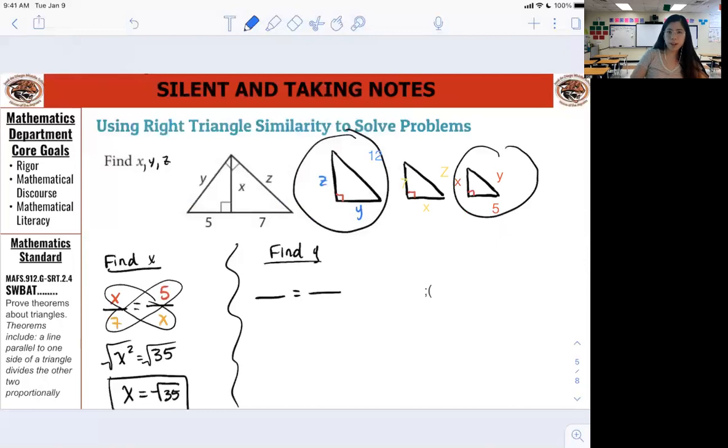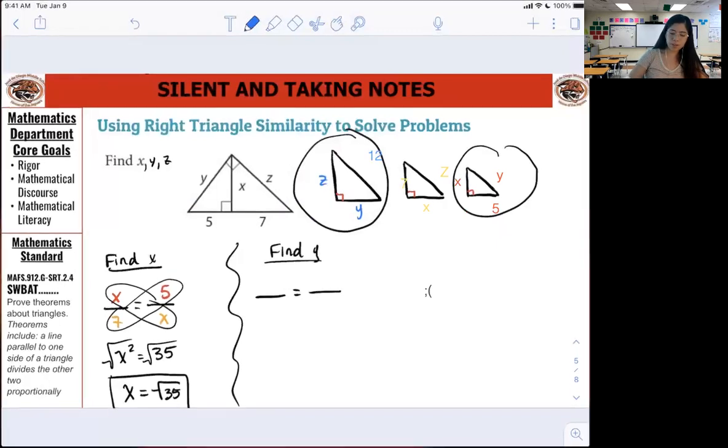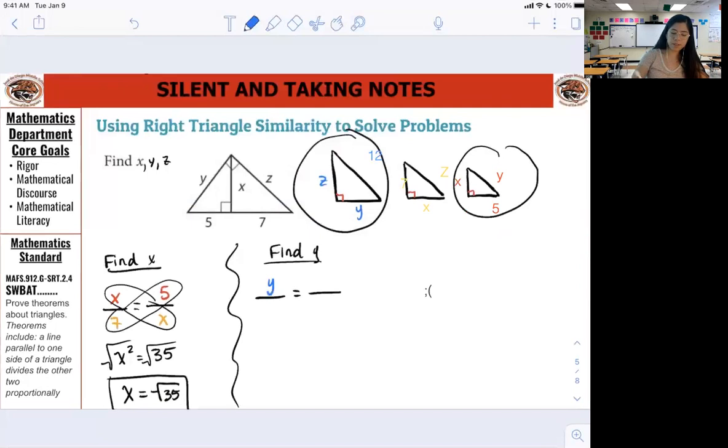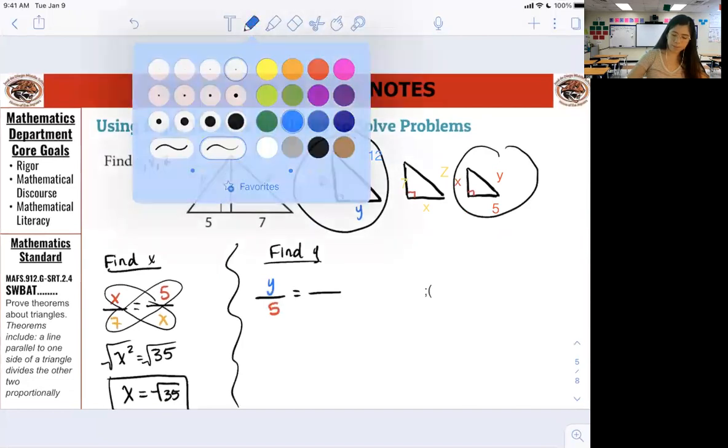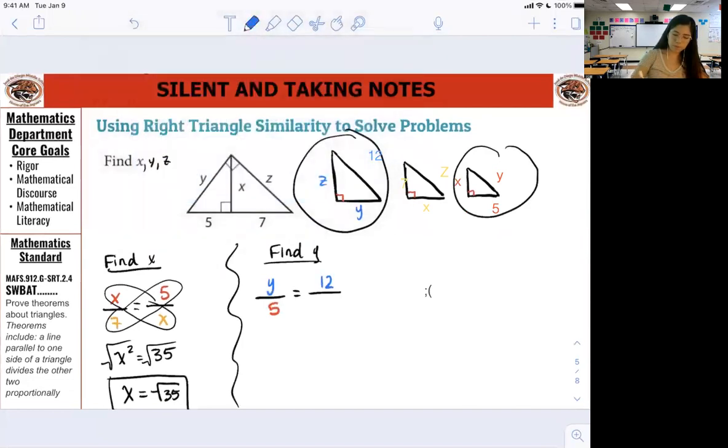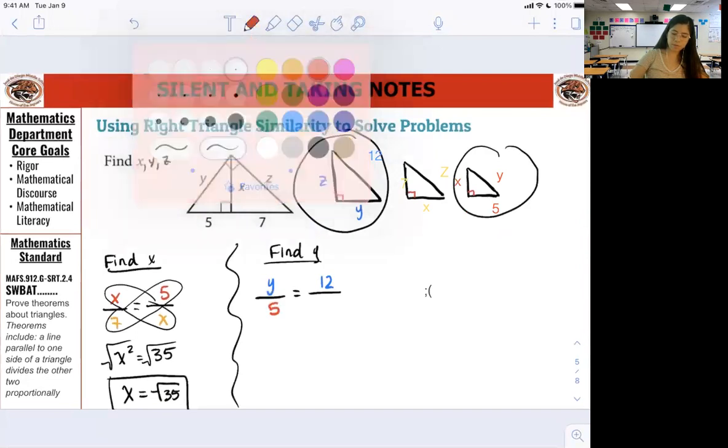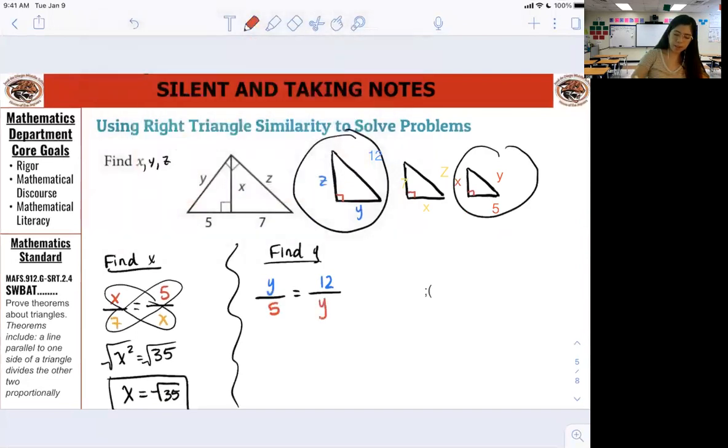Good. Y over 5. So she's doing big over small. So Y over 5 equals 12 over Y. Cross multiply. What's 5 times 12? 60.